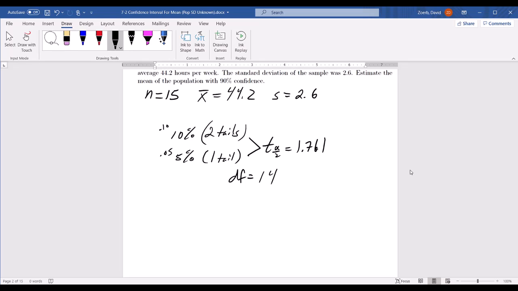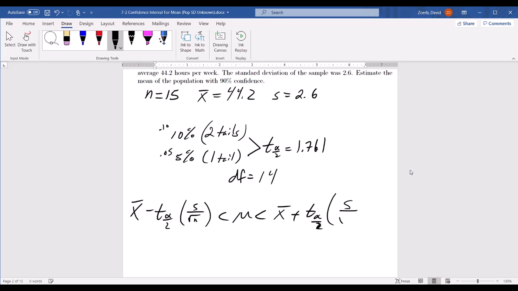Now let's write down the formula. And then after that, write down the values plugged in. So x bar is 44.2. Your t-score is 1.761. Sample standard deviation is 2.6. N is 15.